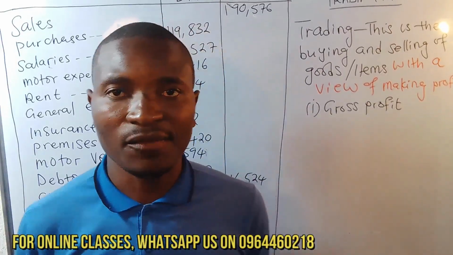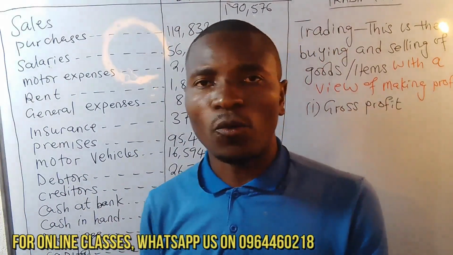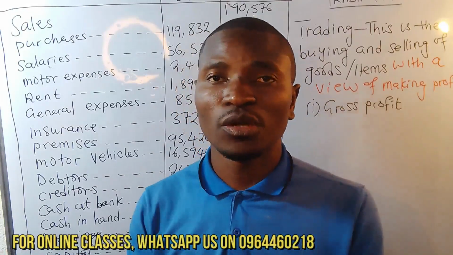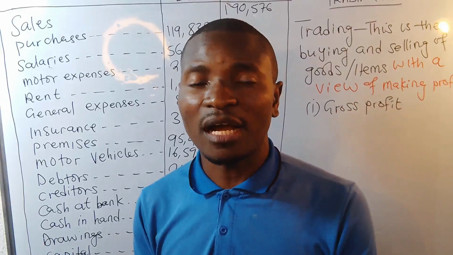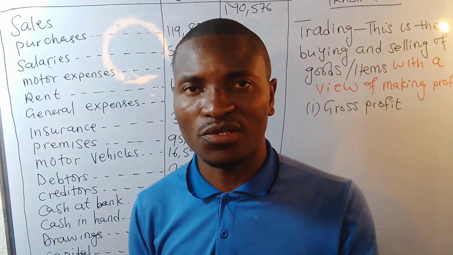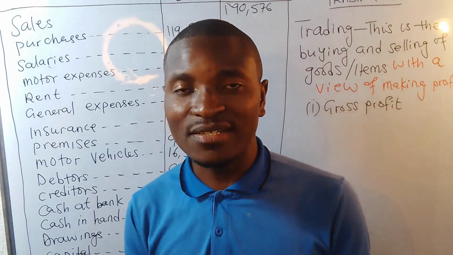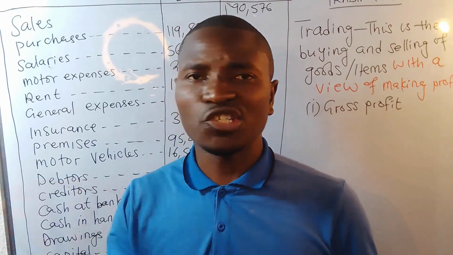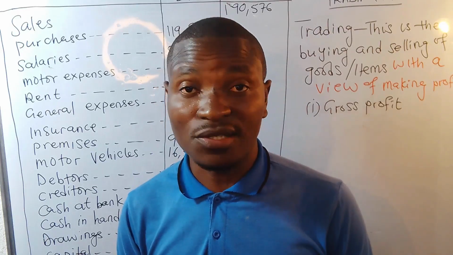The other important thing to understand is we have to know what items are going in the trading account, and what items are going into the profit and loss account. Once you understand that, then it becomes very easy and clear for you to prepare any other statement.